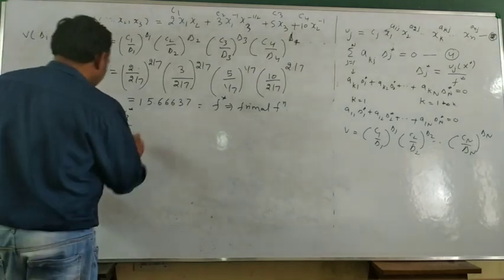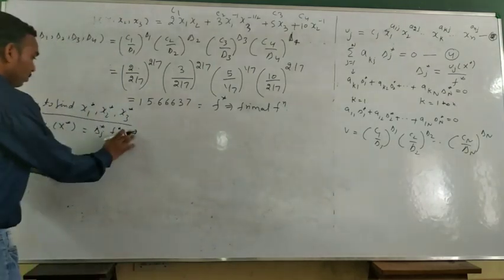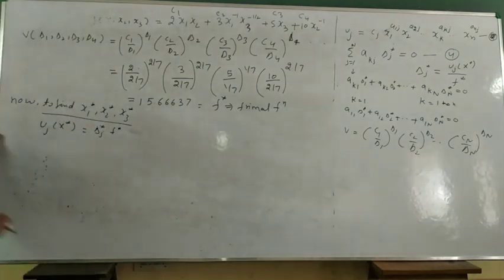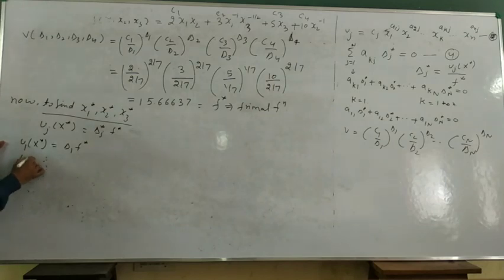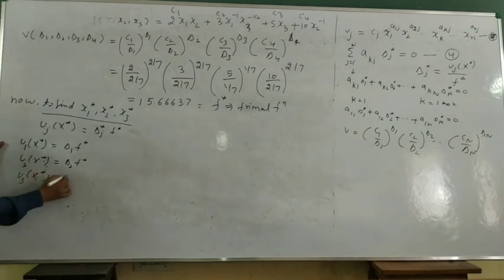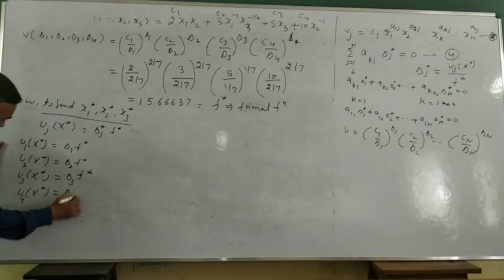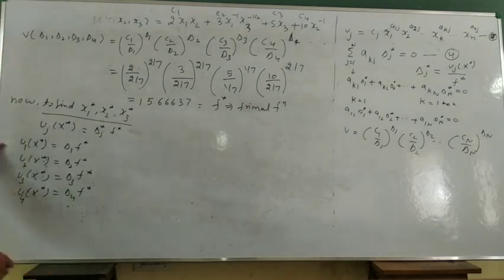Now put j equal to 1, 2, 3, 4. Simply we get u1 of x star equals del 1 f star, u2 of x star equals del 2 f star, u3 of x star equals del 3 f star, u4 of x star equals del 4 f star.